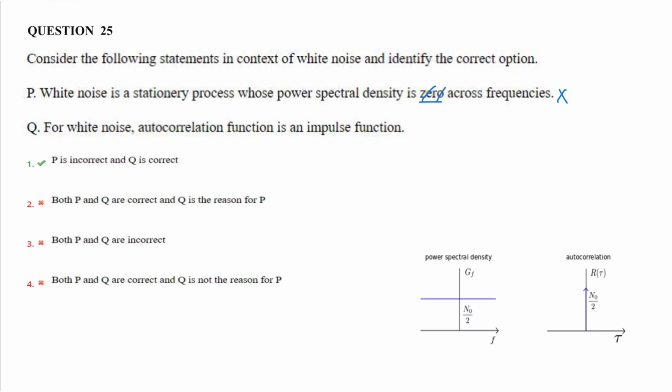The power spectral density of white noise is uniform, and the autocorrelation function of white noise is a delta function, that is, an impulse function.